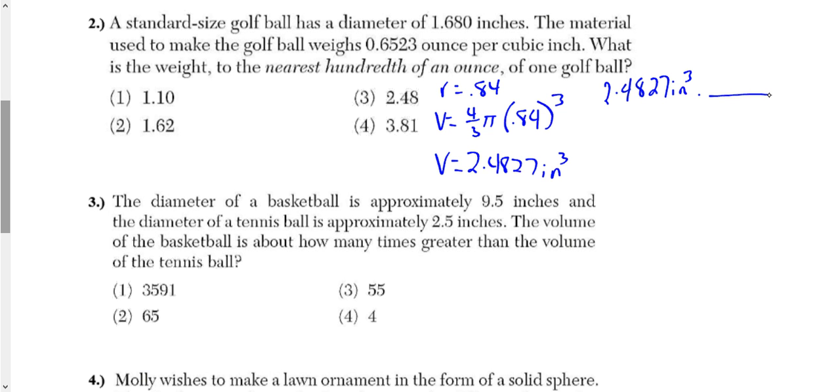Ounces over inches or inches over ounces? What do I want to cancel? So what goes on the bottom? For 1 cubic inch. And on top goes 0.6523 ounces. So now what cancels?